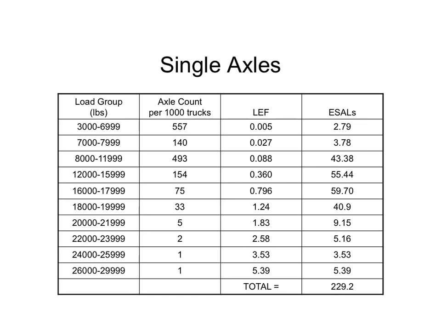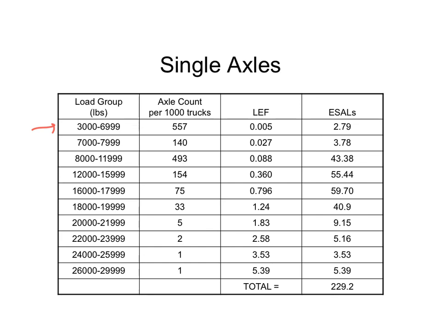This is an example of a traffic load survey. Here you can see that for single axles there are different load groups. This is the load group when the load is between 3000 and 6999 pounds, and similarly you have different load groups, and in those load groups there are numbers of axles which are passing on the pavement.